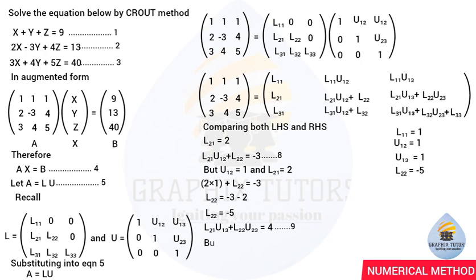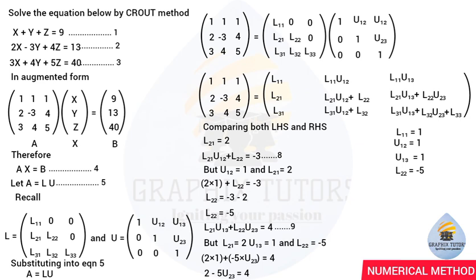Now we know that L sub 2,1 is 2, times U sub 1,3 is 1, plus L sub 2,2 is minus 5, times U sub 2,3, which is still U sub 2,3, equals 4. Now if you do the needful, 2 times 1 is 2, and minus 5 times U sub 2,3 gives you minus 5 U sub 2,3 equals 4.